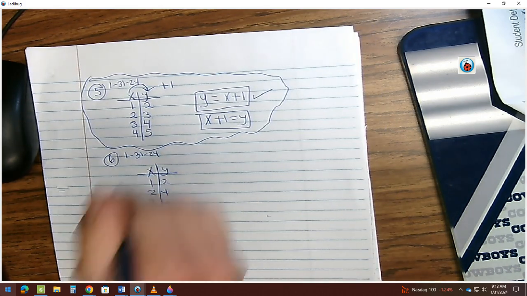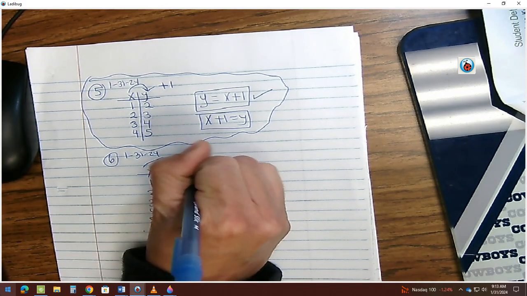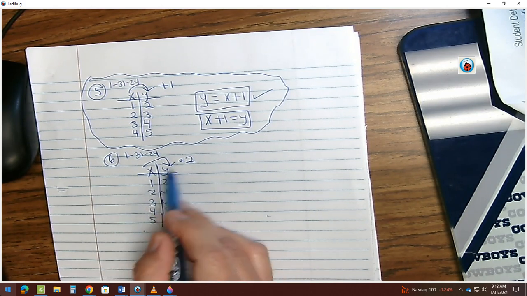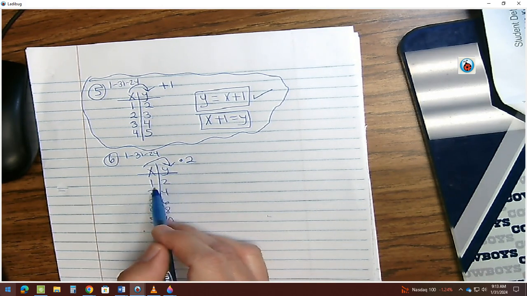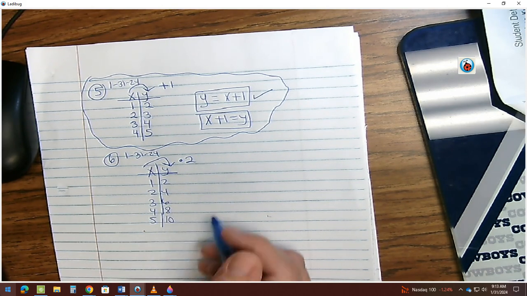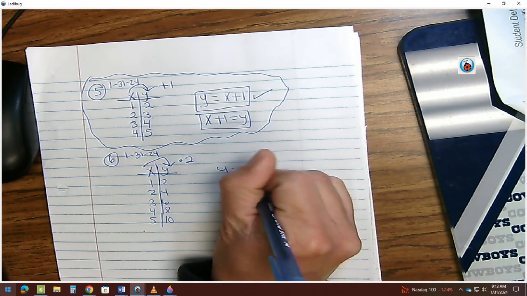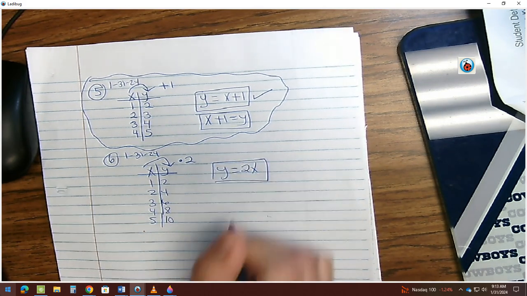And it's going times 2. So now, what's the rule? Times 2. Check it. 1 times 2. 2 times 2. 3 times 2. 4 times 2. 5 times 2. Equation: y equals 2x. Beautiful. Good.